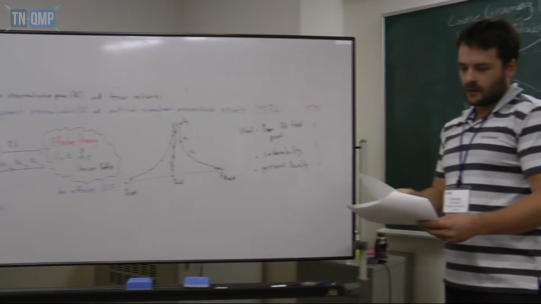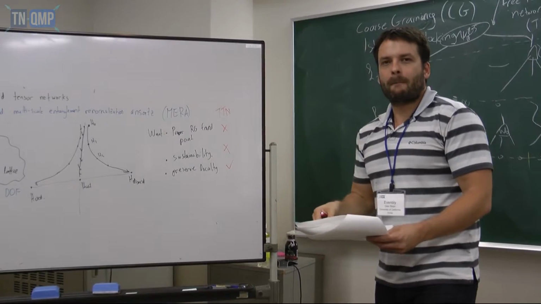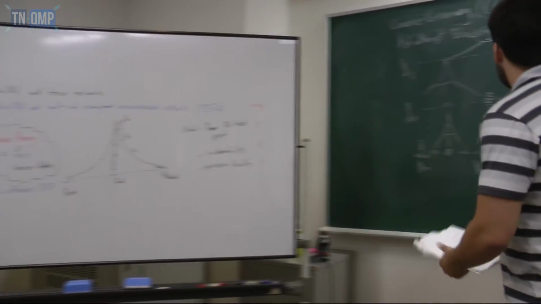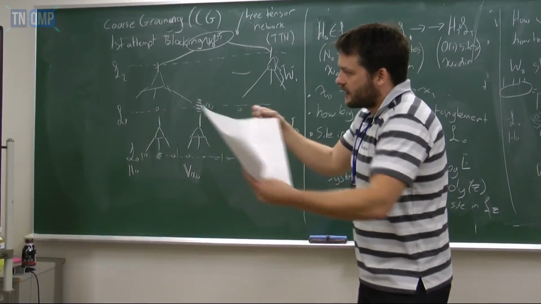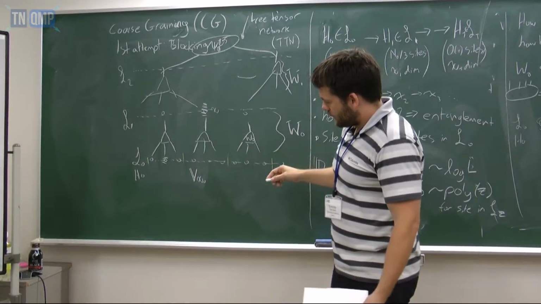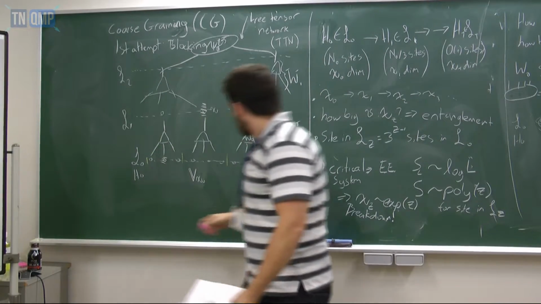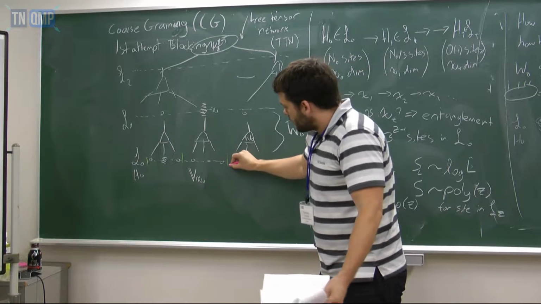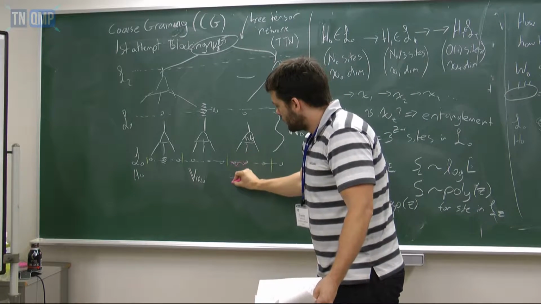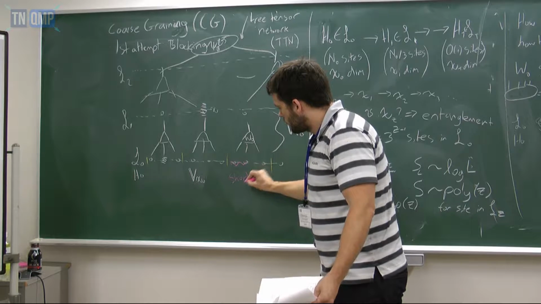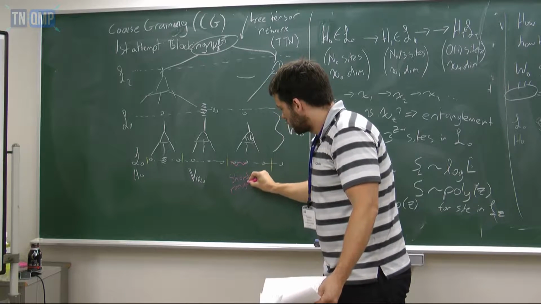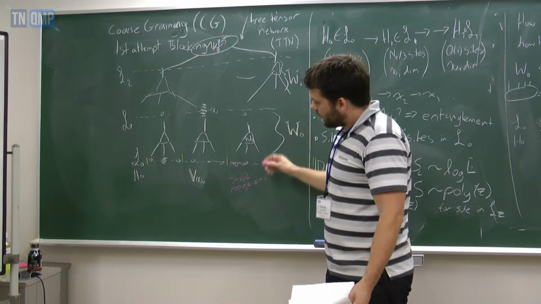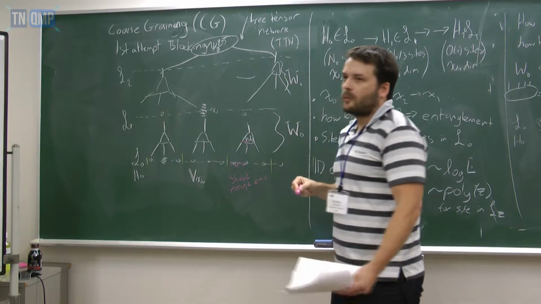Okay, any questions at this point? Nope. So the origin of where this is coming from, you can imagine, if I had some state down here with some short range entanglement, you can see that this isometry can absorb and remove this.